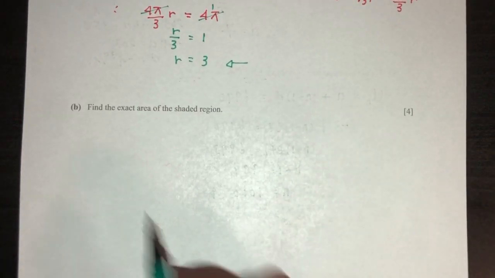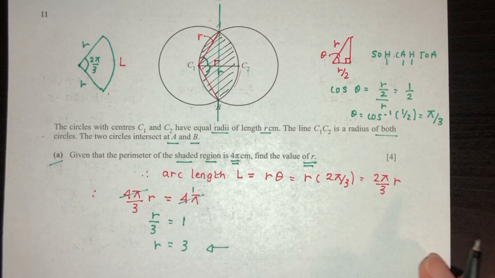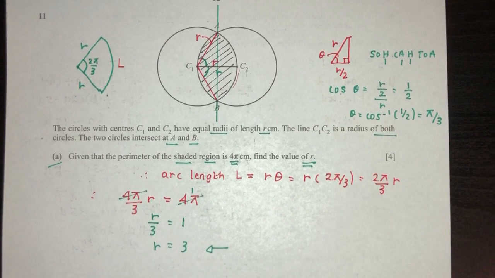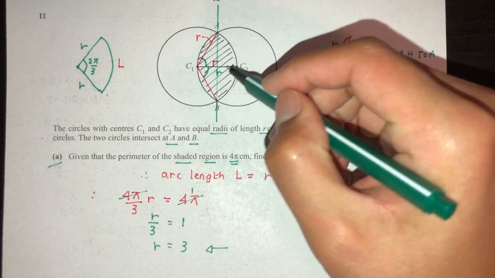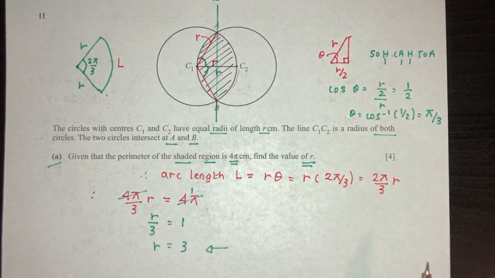Now for part B, find the exact area of the region. How would you find that area? We have to find it one by one. We can first find the area on this side and then find this one. Let me draw something.